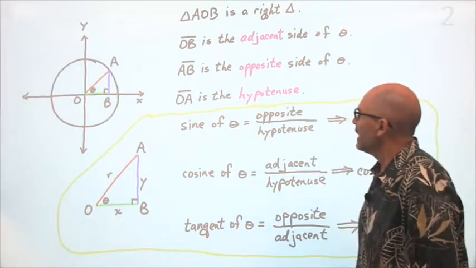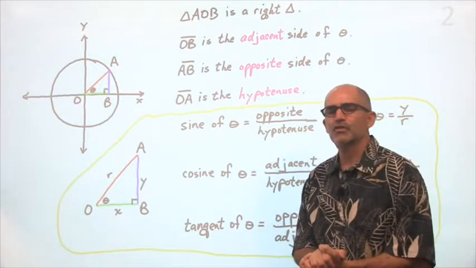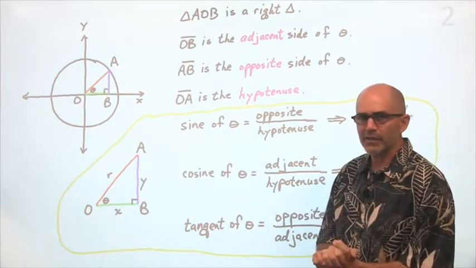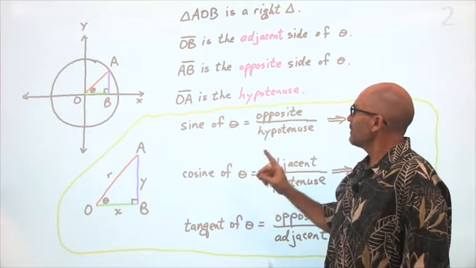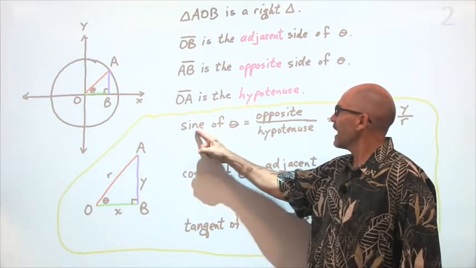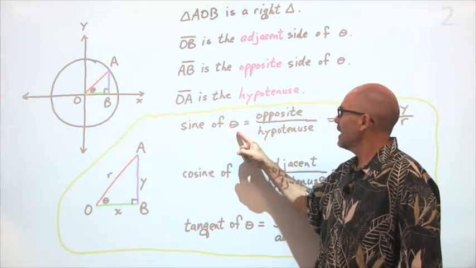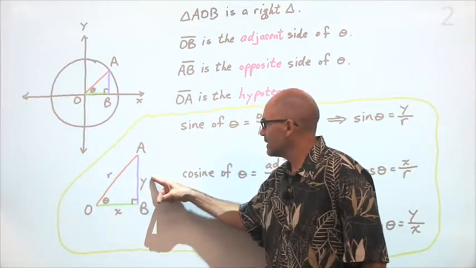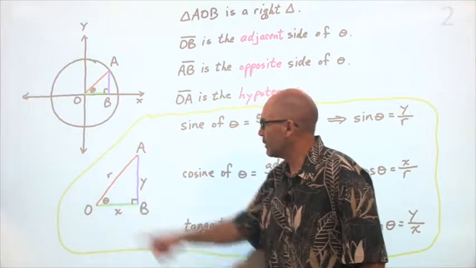Now we're going to introduce the trigonometric functions, which we call trig functions. The first function is sine of theta. Sine of theta is opposite divided by hypotenuse.